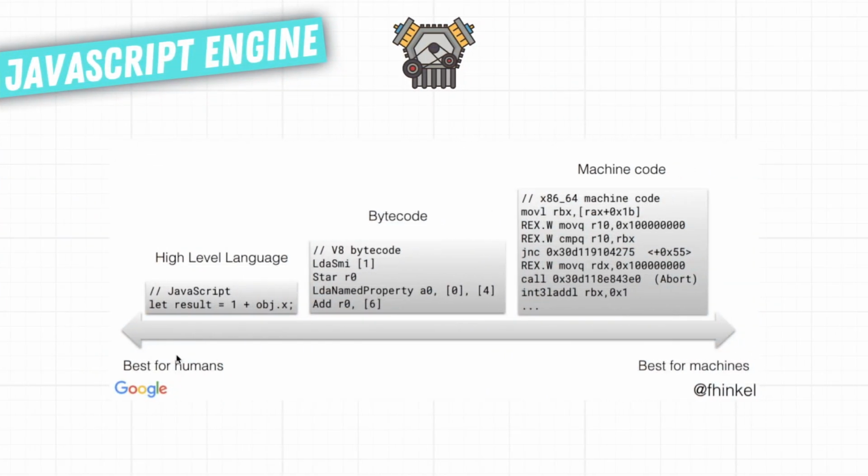We have a high level language here, like JavaScript, and we run a piece of code. An interpreter will take this code line by line and spit out bytecode like this that will execute this code for us. Alternatively, a compiler might take this code, go through it, and spit out machine code just like that, so that it can give it to the CPU for the CPU to actually run the code.